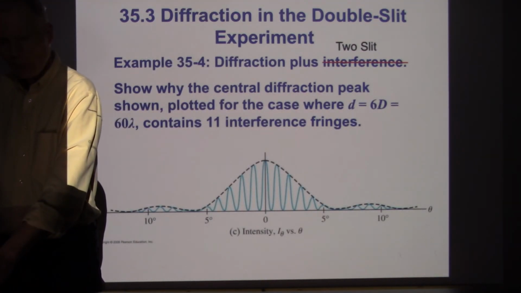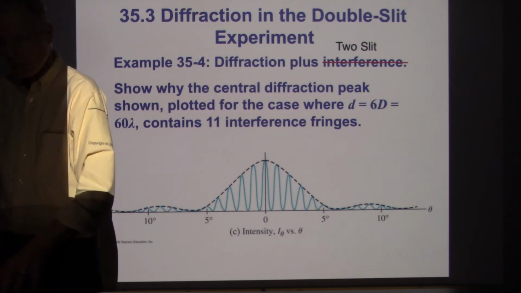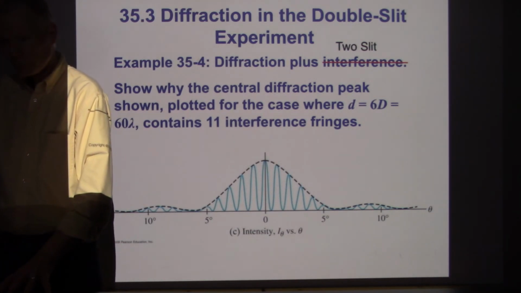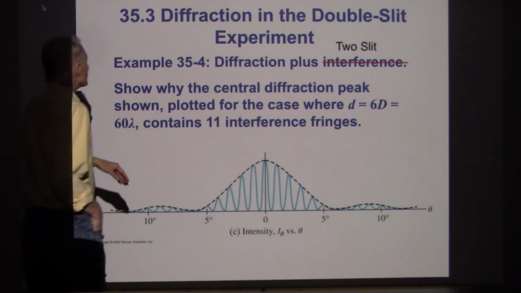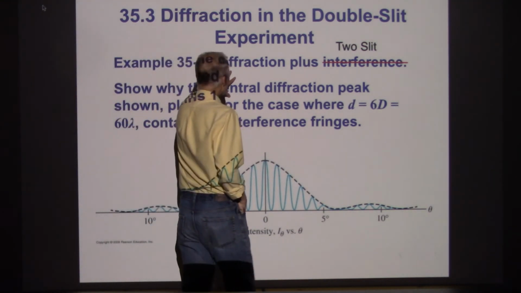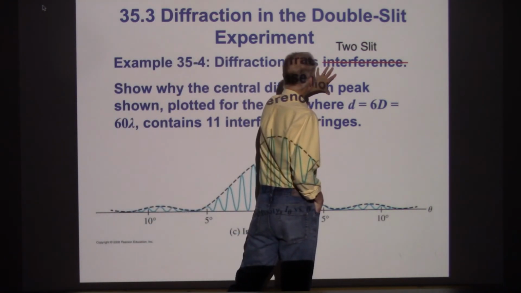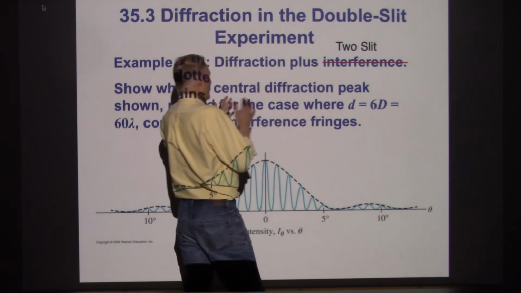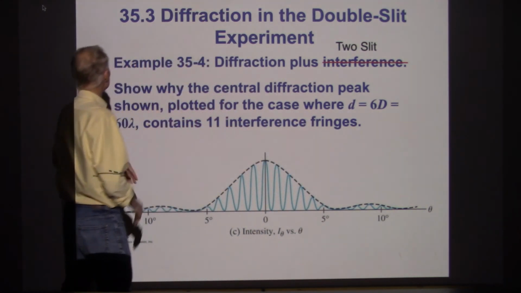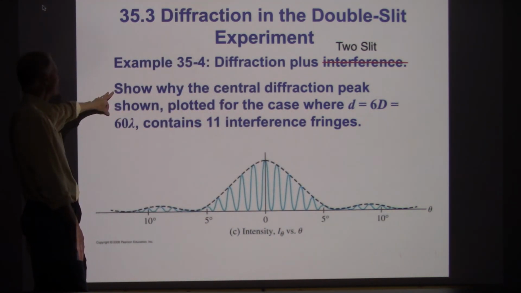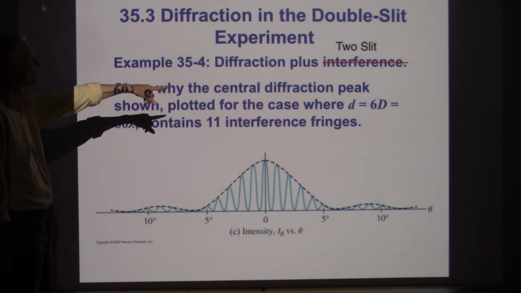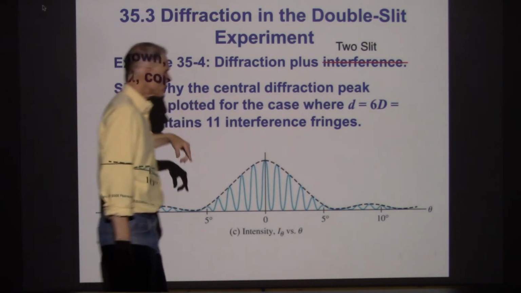All right, so here is the pattern. Now, in this example we're going to include both the diffraction and the two-slit interference effects, and show why the central diffraction peak, plotted for a factor of 6, is what they're saying here.